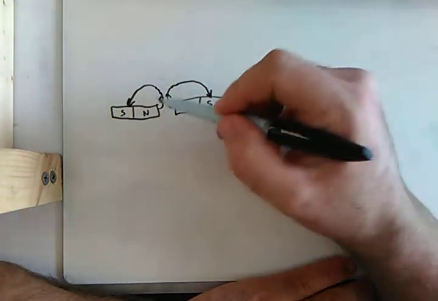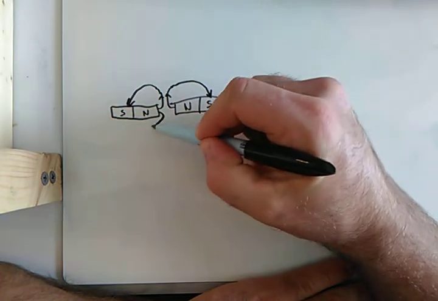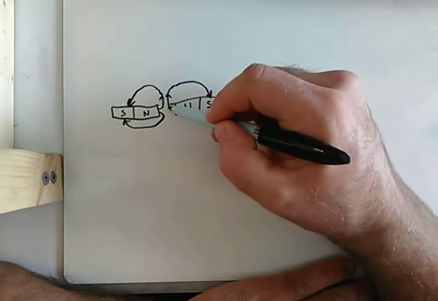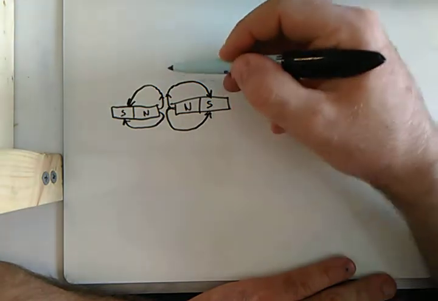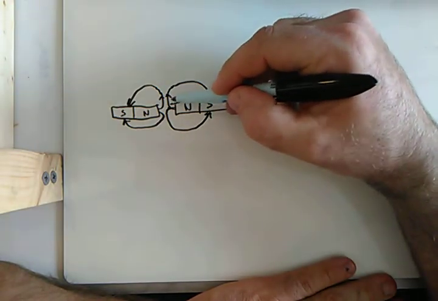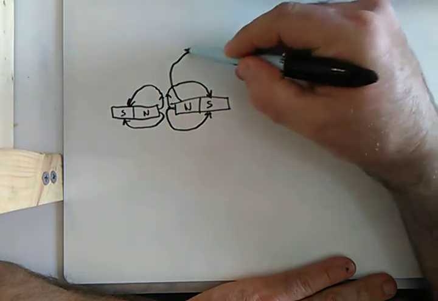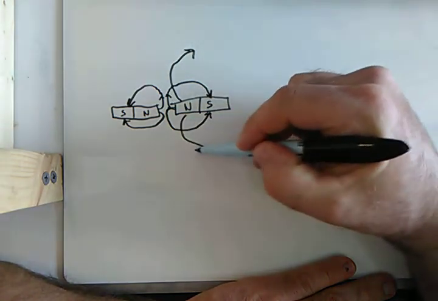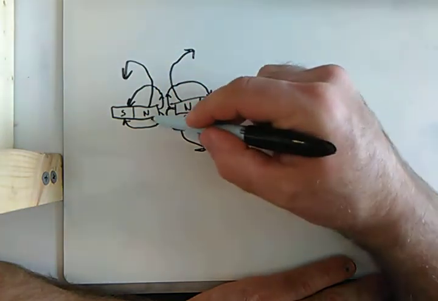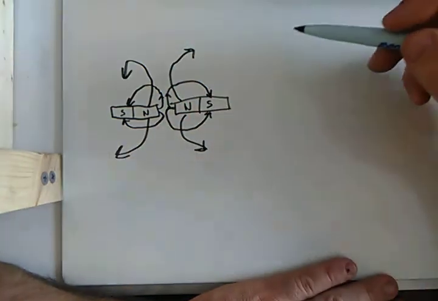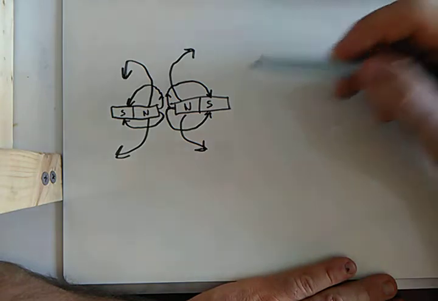Again, these guys don't like to touch each other, so going like this. So you've got a field that looks as if it's kind of going away, and this one here going away. Okay, so you've got this kind of weird shape.